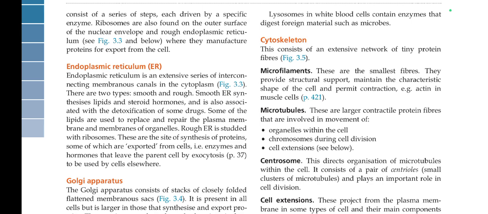Lysosomes in white blood cells contain enzymes that digest foreign material such as microbes.